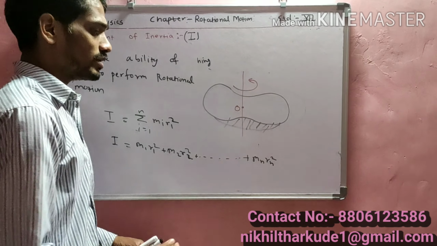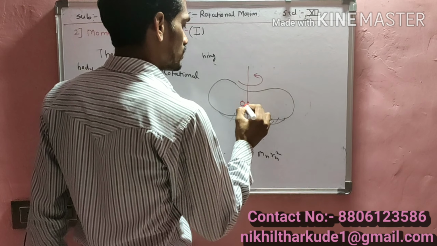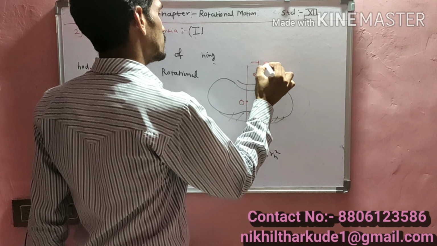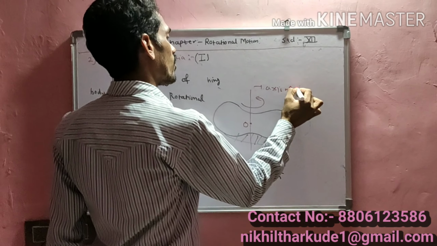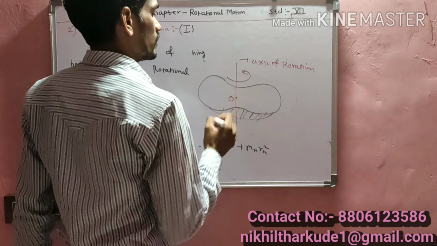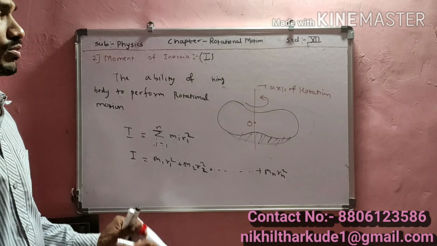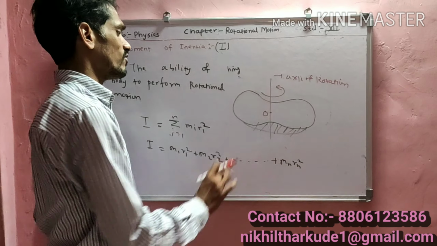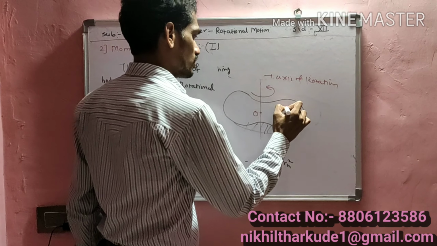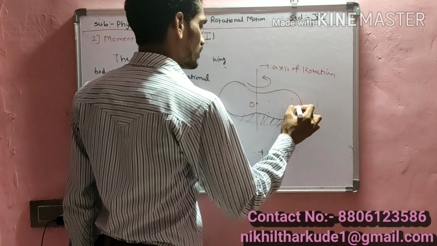So consider this laminar body. This is the axis of rotation we call, and this body is made up of n numbers of particles, m1, m2.